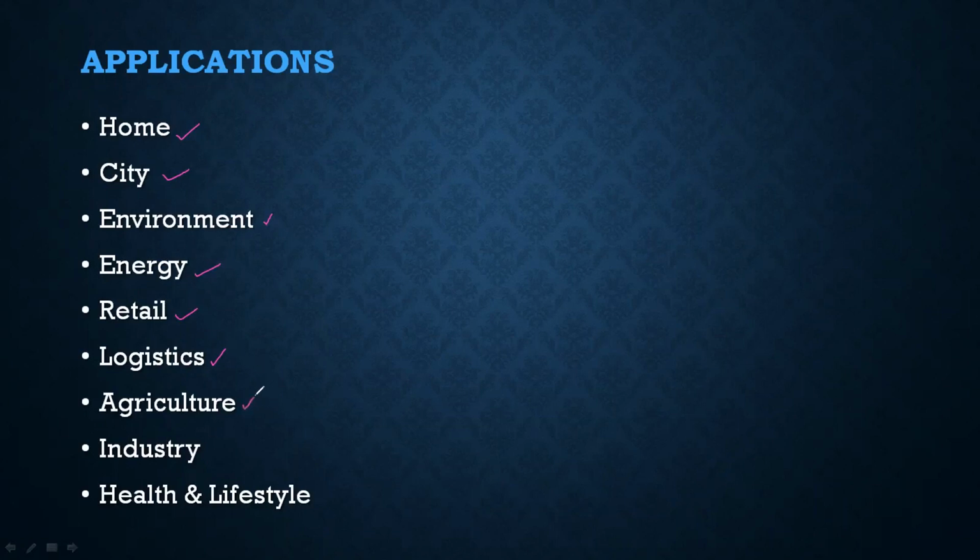And in the agriculture domain, we have smart irrigation systems, and we have greenhouses. The controlling of greenhouses comes under agriculture. And in the domain of industry, we have applications like machine diagnosis systems. And in companies we have indoor air quality monitoring. So these are all the applications of IoT.